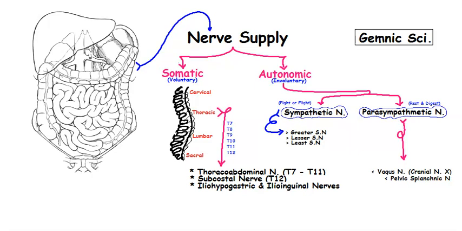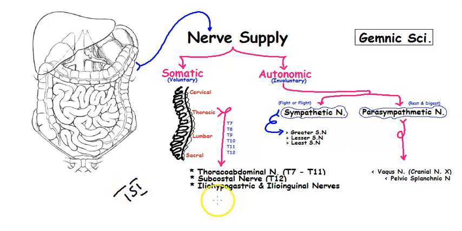To make things clearer, let's first talk about the somatic nerve, which is the one we can control. Notice that this nerve comes from the spinal cord and supplies the abdominal muscles and then the skin. And here we have some major key players, which you can also call the TSI.